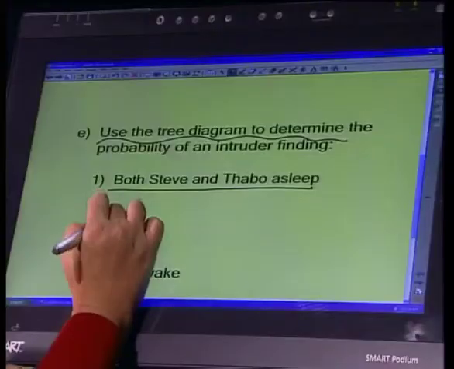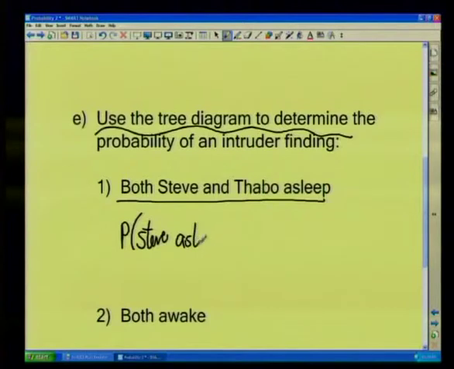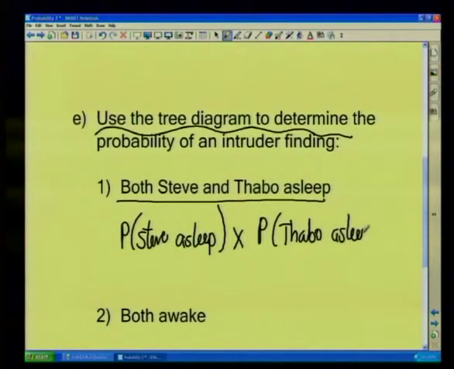And in order to work out the probability of them both being asleep, you need to work out the probability of one being asleep times the probability of the other one being asleep. So let's do that. The probability of Steve being asleep times the probability of Tabo being asleep. And hopefully that isn't very high.